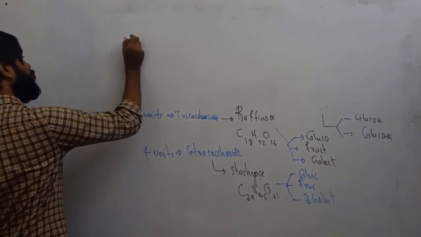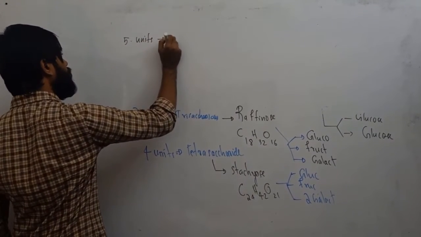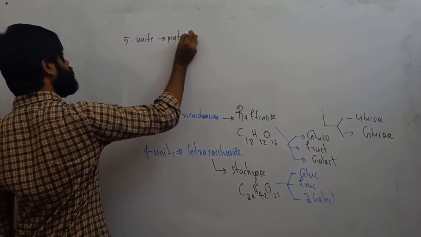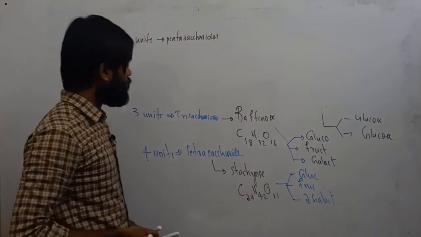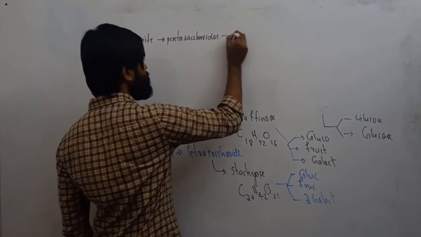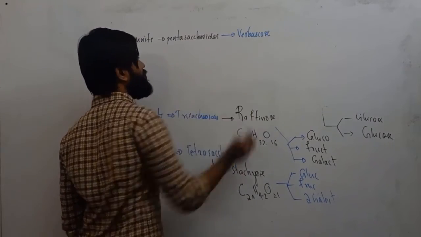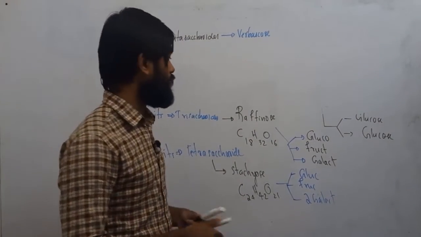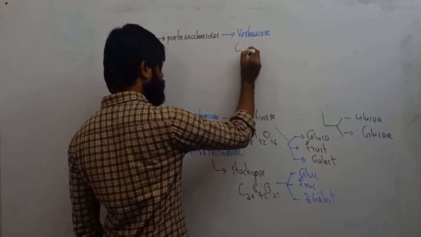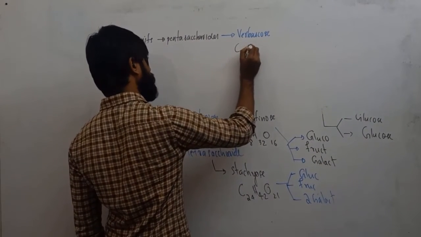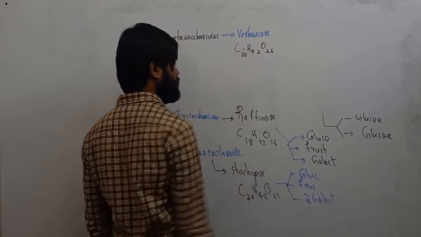One more. 5 units is said to be pentasaccharide. The example for pentasaccharide is verbascose, having the formula C30H52O26.